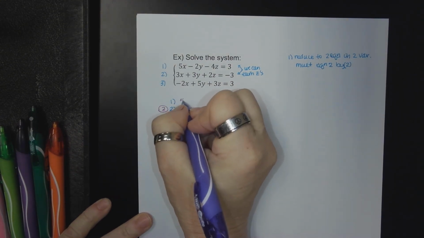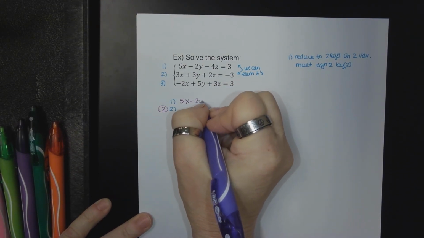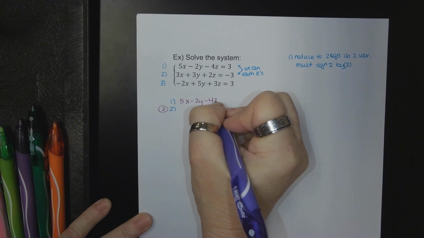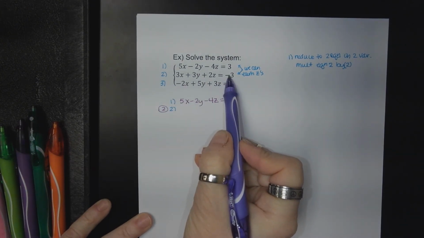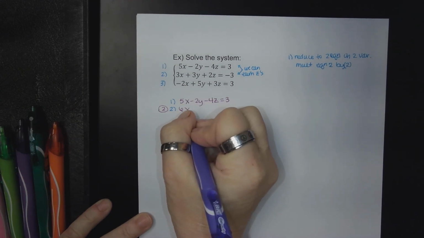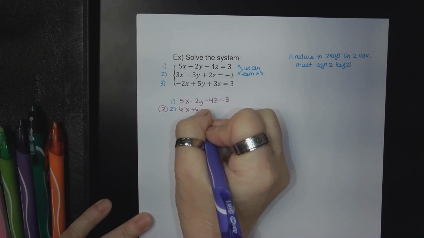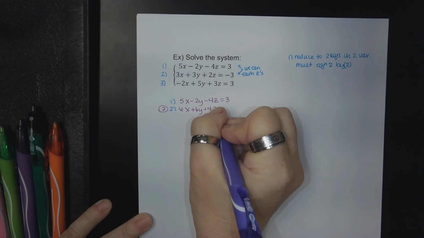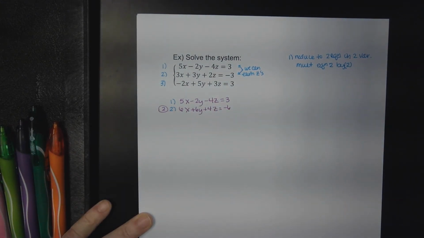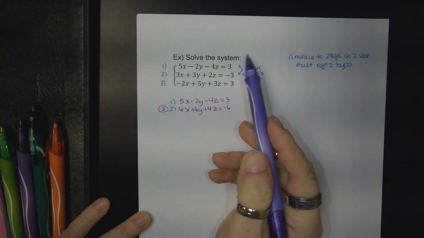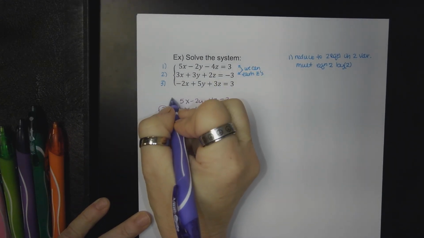So we're just going to copy and paste this one. 5x minus 2y minus 4z equals 3. Now we're going to take this 2 and multiply the whole equation by it. So this is going to be 6x plus 6y plus 4z equals -6. Okay, so this is my new system.